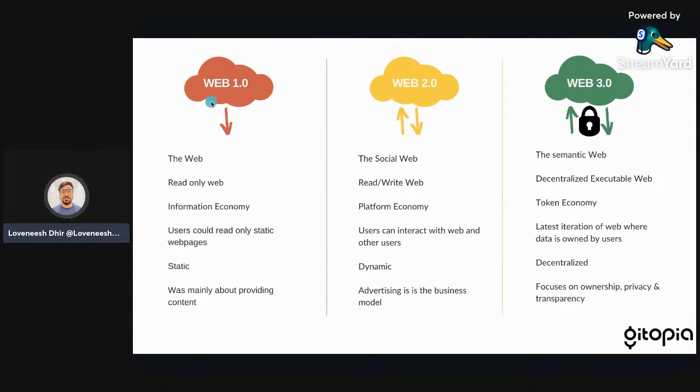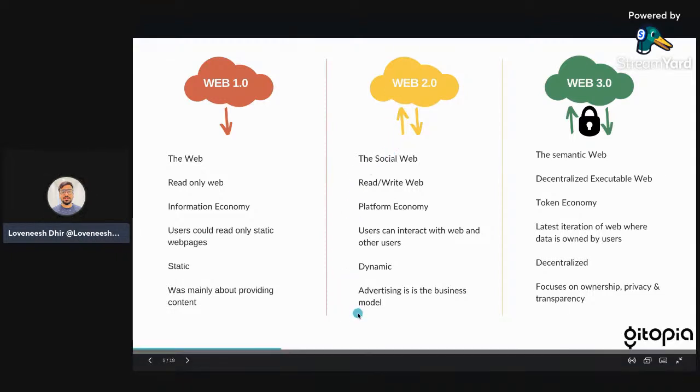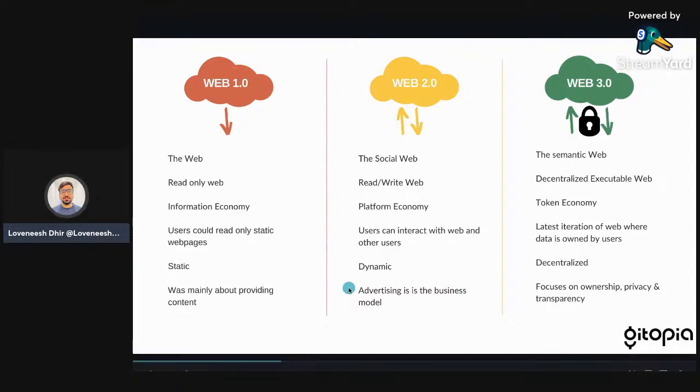So what was the use of Web 1? Web 1 was mainly about providing content to the users. Web 2 came with the agenda of using advertising as a business model. Advertising as a business model means using user data to provide custom ads or targeted ads for the users.